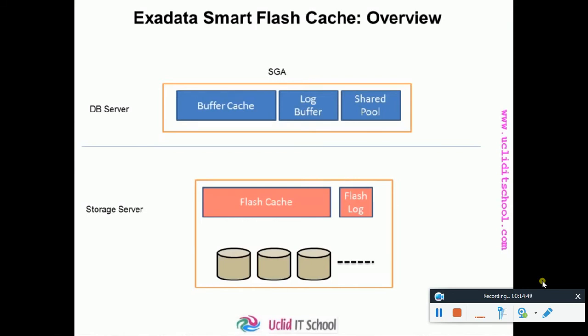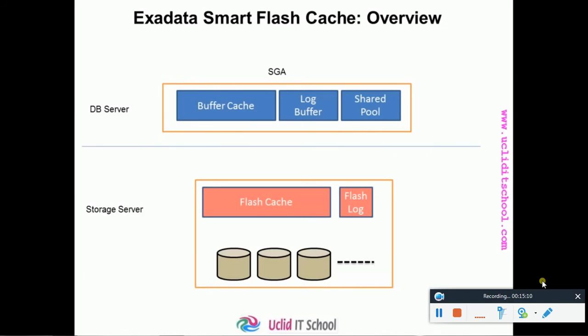So that means literally you can cache the entire database inside the flash cache depending on the database size. Okay, and unlike buffer cache, flash cache is persistent. The data stored inside the flash cache is permanent.